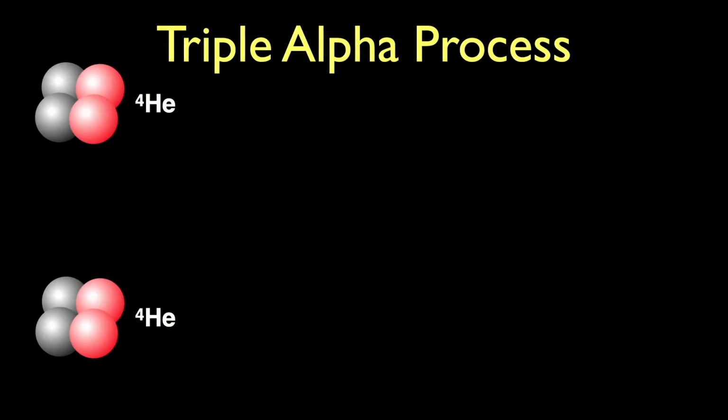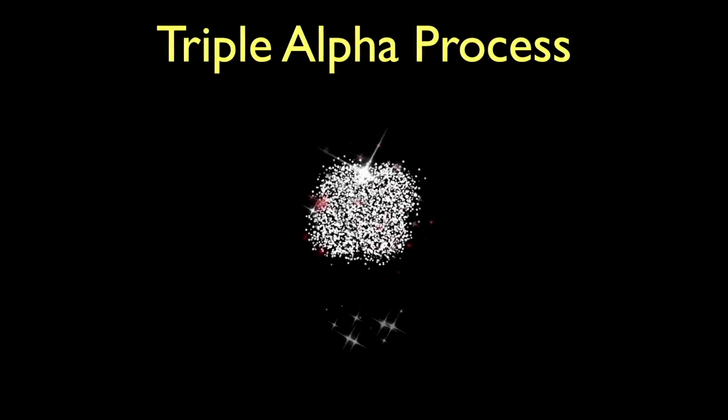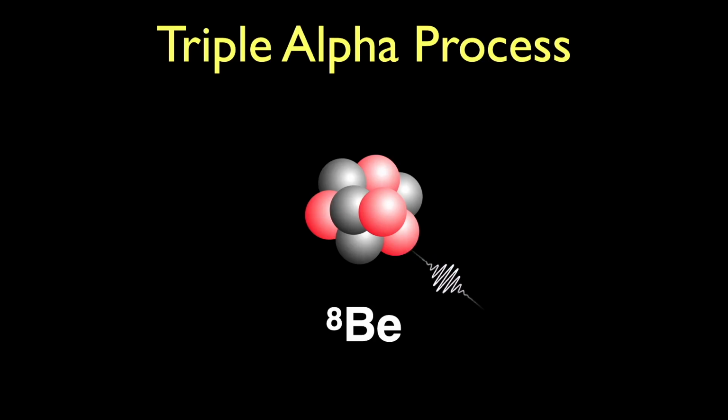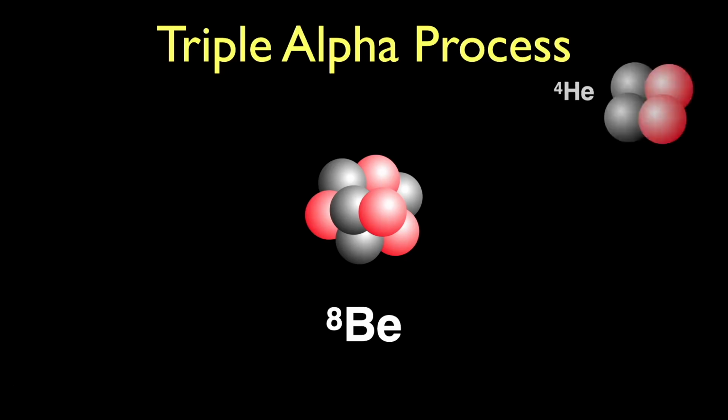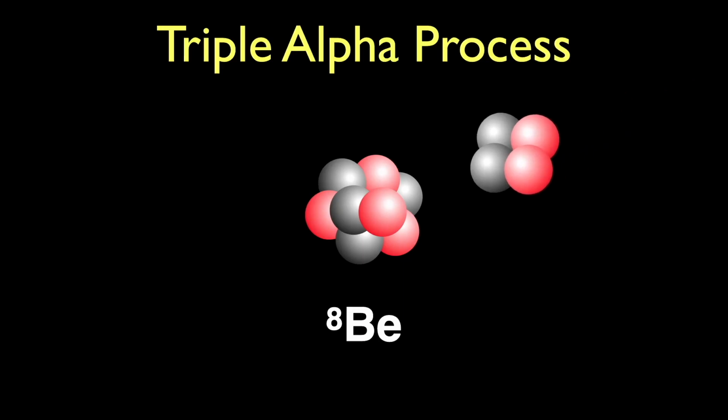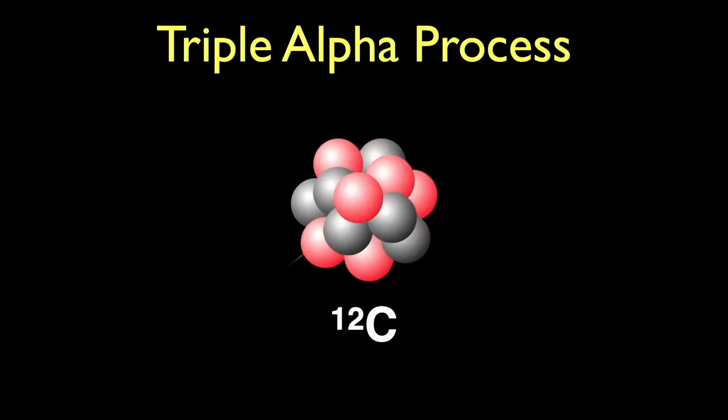In the triple alpha process, 2 helium nuclei collide to form a beryllium-8 nucleus and a gamma ray. Even though this isotope has a half-life of only 82 attoseconds, that's 82 quintillionths of a second, 82 times 10 to the minus 18th seconds, the star's core is so hot at 100 million degrees and so dense that there is a probability that yet another helium nucleus will collide with the beryllium-8 during its short life and create a carbon-12 nucleus and another gamma ray.